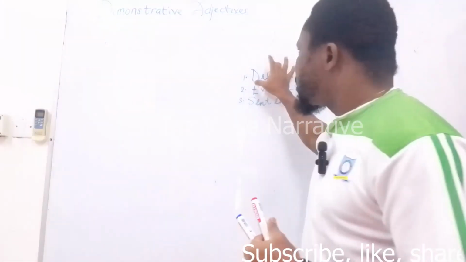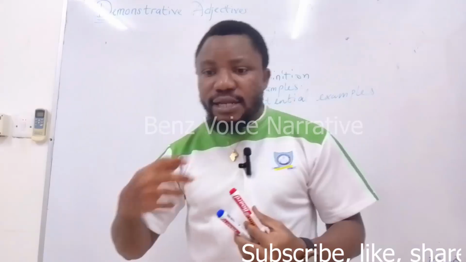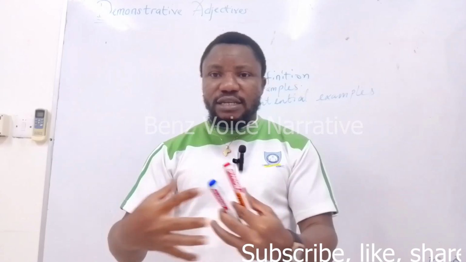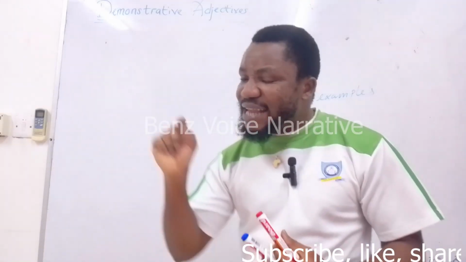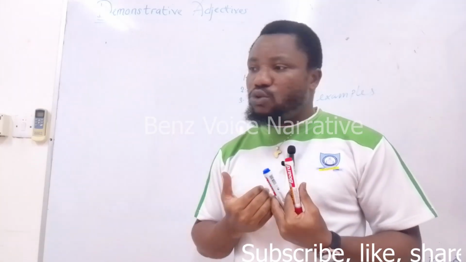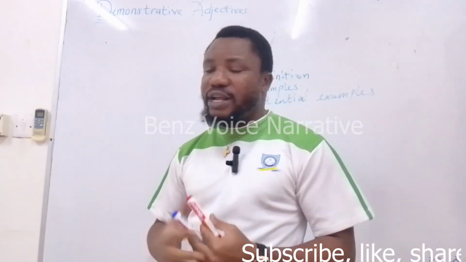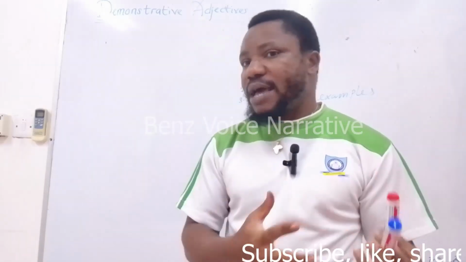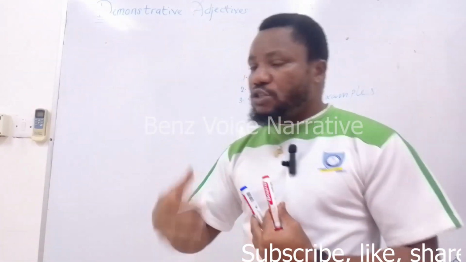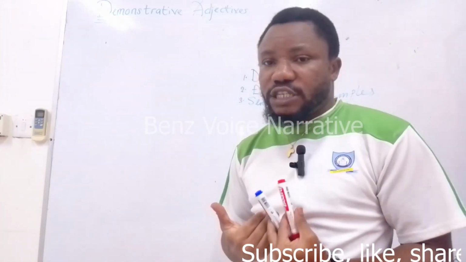Now, in terms of function, demonstrative adjectives help to reveal the proximity, the closeness, that the noun you're describing has to the person who is speaking or to the person you're speaking to. It's possible for a noun that is being talked about to be very close to the person you're speaking to, or to be very close to yourself, the speaker.